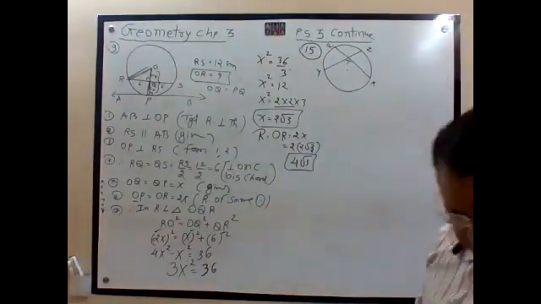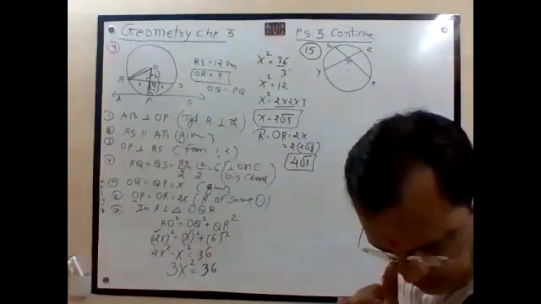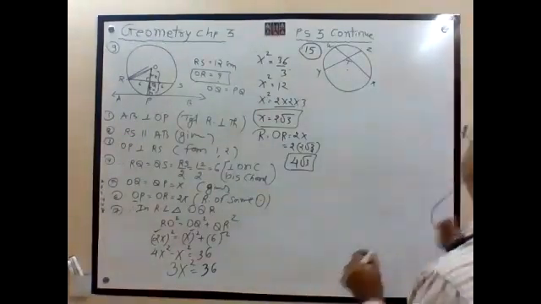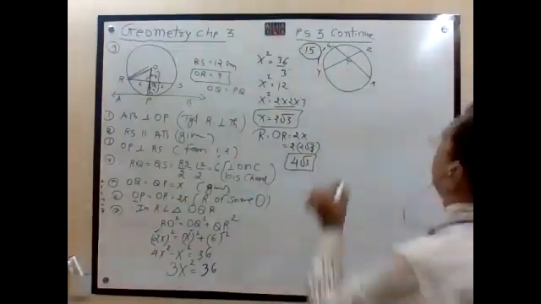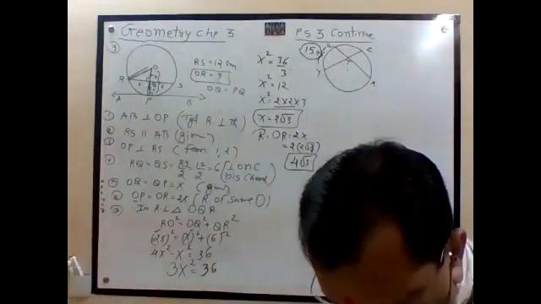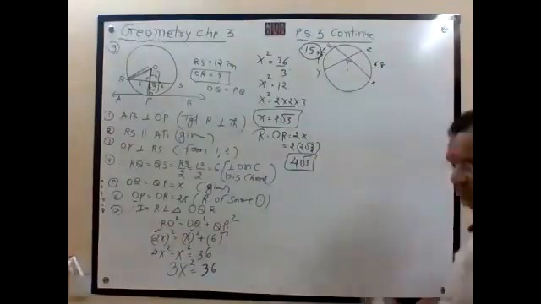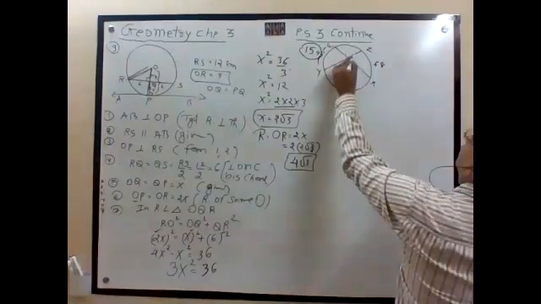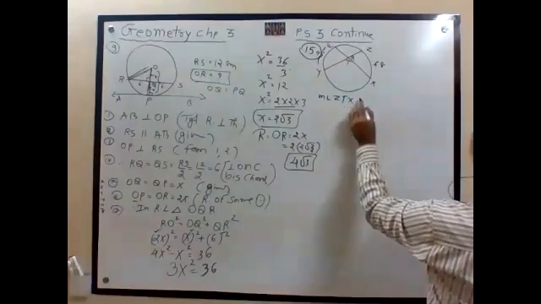Now, in that, WY, this one is 44. ZX is 68. So we have to find angle ZTX. This we have to find. So measure of angle ZTX.